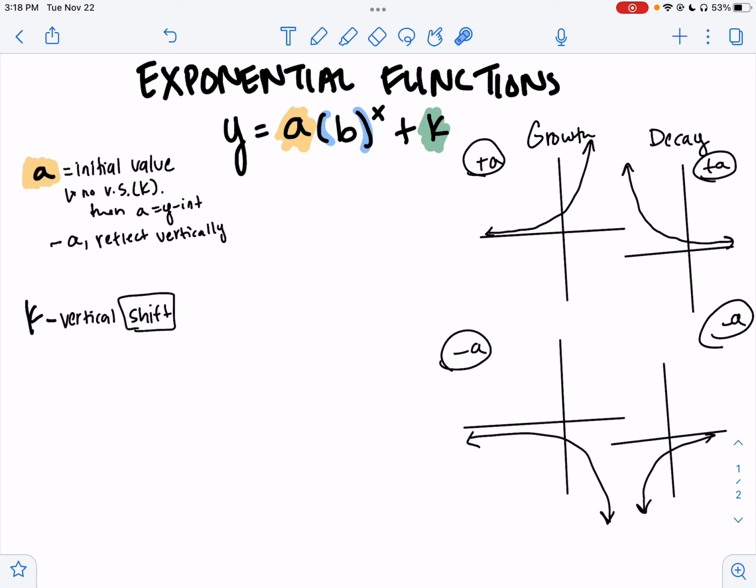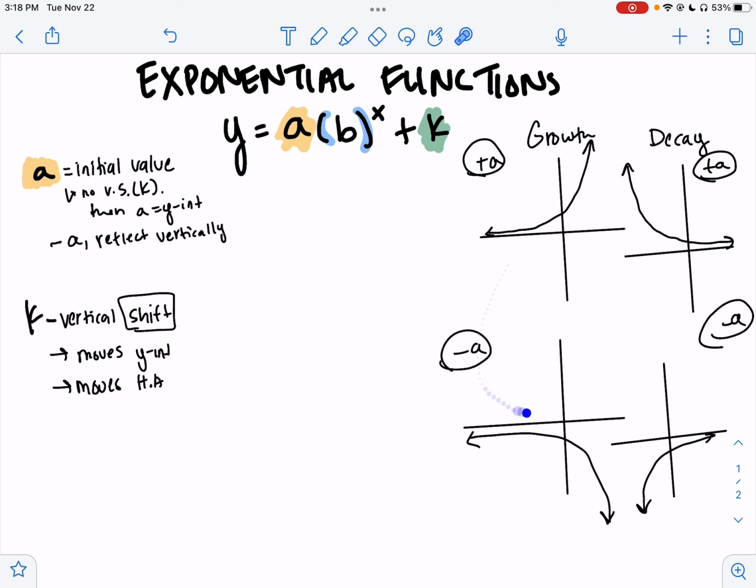The two key features that it moves are your y-intercept and your horizontal asymptote. So where your graphs flatten out, these are known as our horizontal asymptotes. And your k value would move those either up or down.